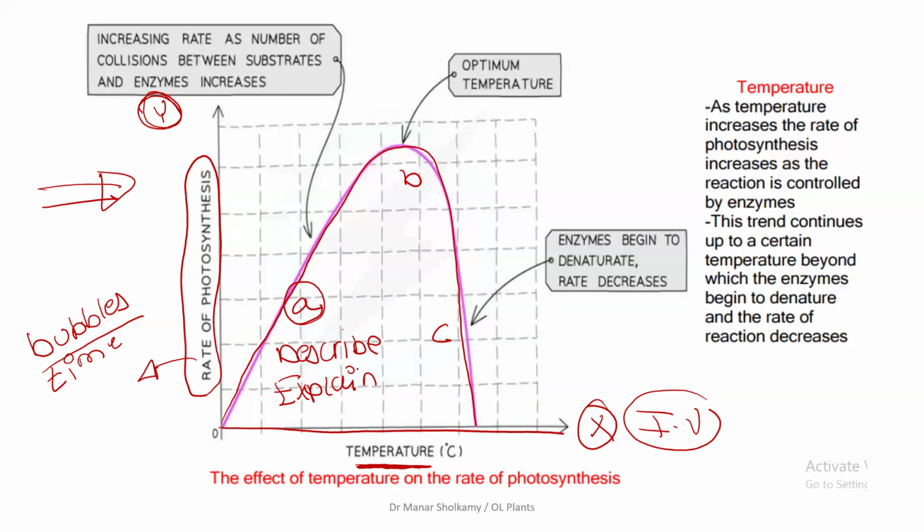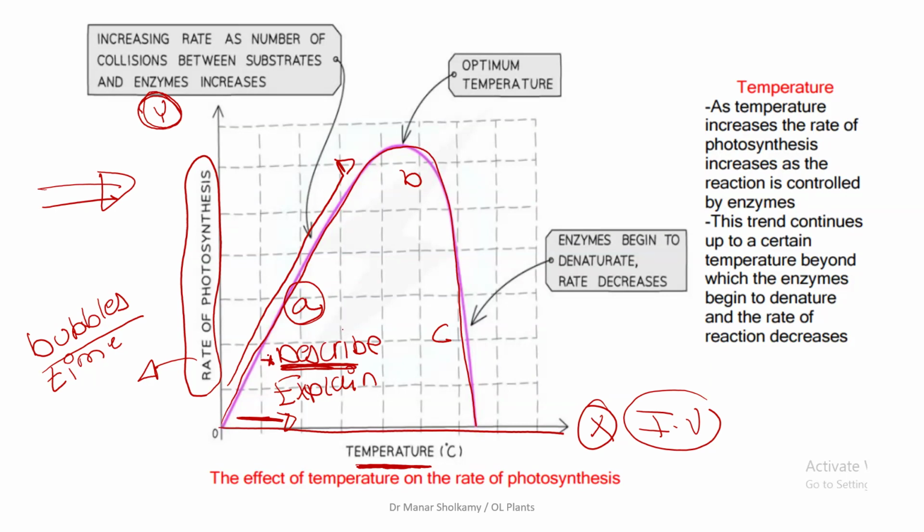Okay, you are correct, but I want you to start from the value that is present on the x-axis. As the temperature is increasing, what is happening to the rate of photosynthesis? Increasing, yes. And then, because this is the describe part, what do we always do to get the 2 marks?